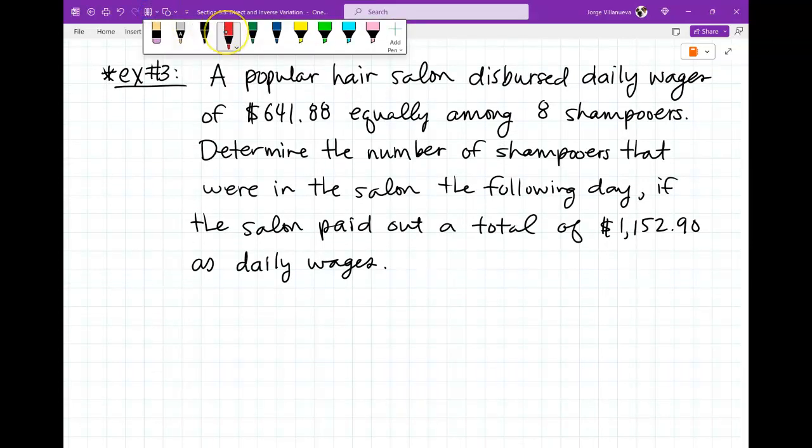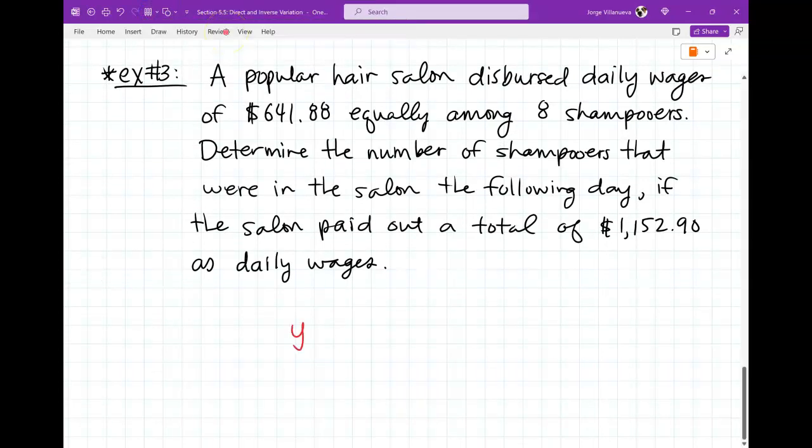All right, so again, I'm going to write y over x equal to y over x. That's my direct variation. Now it says a popular hair salon dispersed daily wages of $641.88 equally among 8 shampooers. So let's just call it x and y. The money is your x, the shampooers is your y. Determine the number of shampooers that were in the salon the following day.